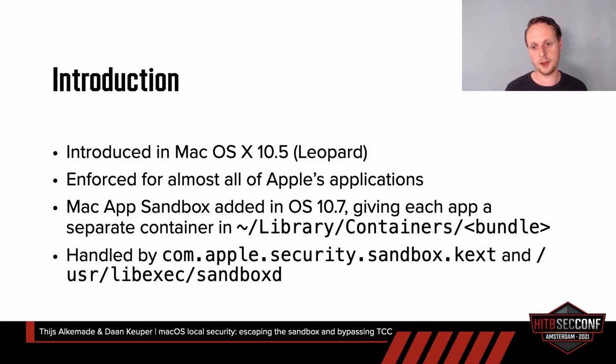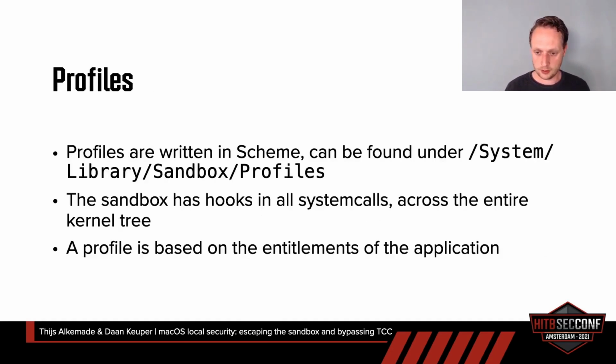The implementation of Seatbelt is handled by the Sandbox kernel extension and a daemon which runs in user space. The sandbox profiles are written in the Scheme language and can be found within the file system. The sandbox implementation has hooks in all system calls.